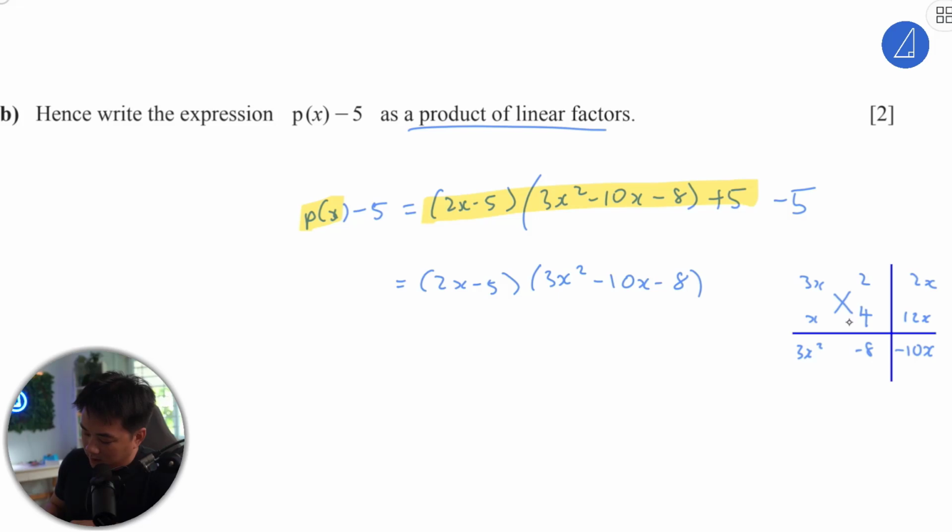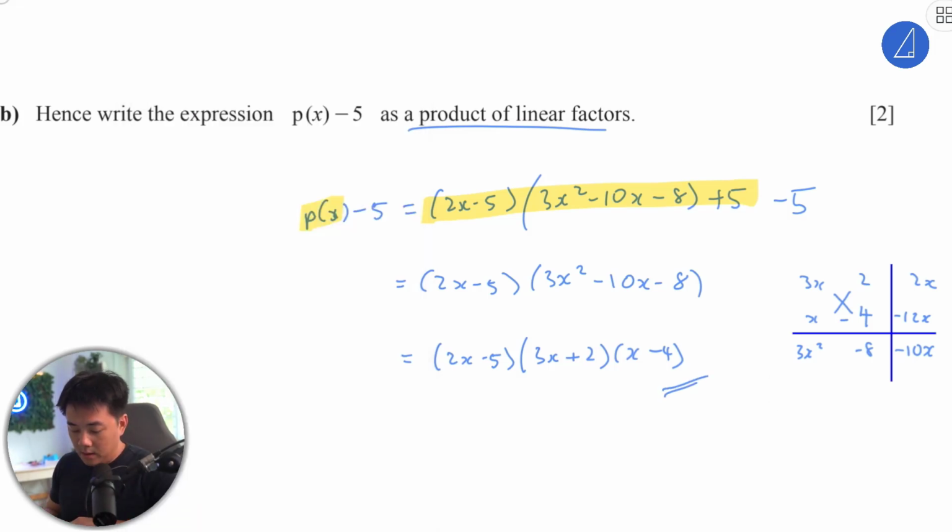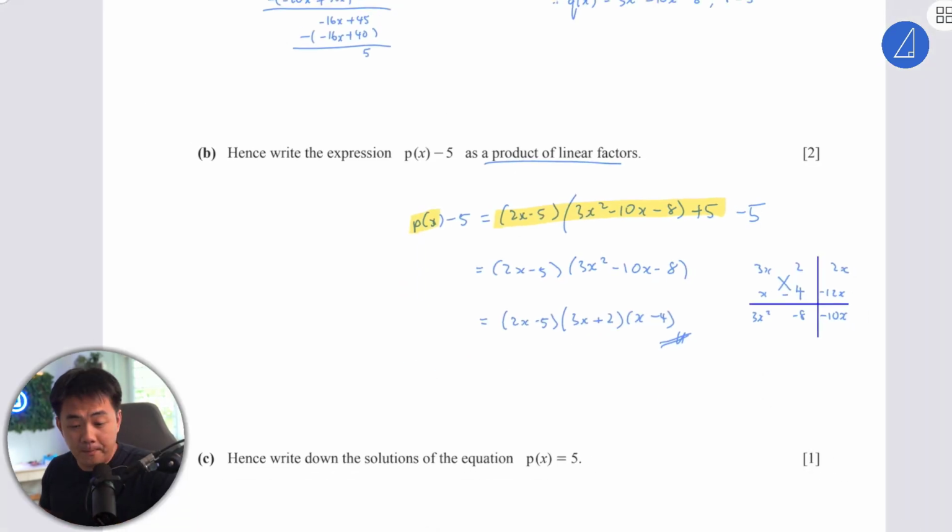So I need this to be negative. So negative, negative. Right. So if I factorize this, I'll get 2x minus 5, 3x plus 2, and x minus 4. So it tallies with what we found here, right? So that's how we do part B.